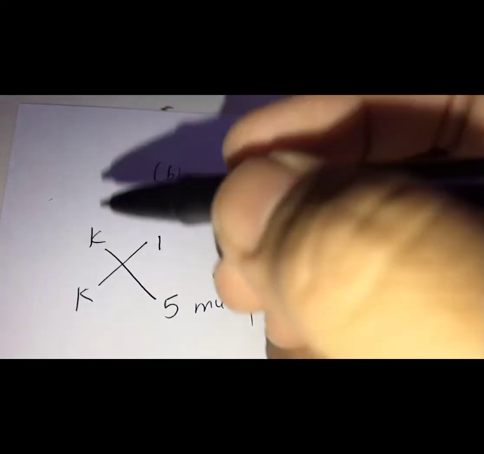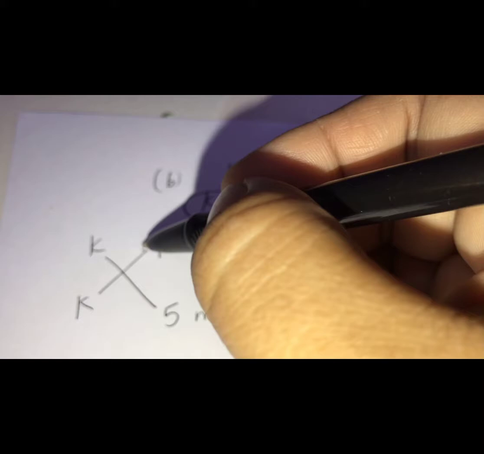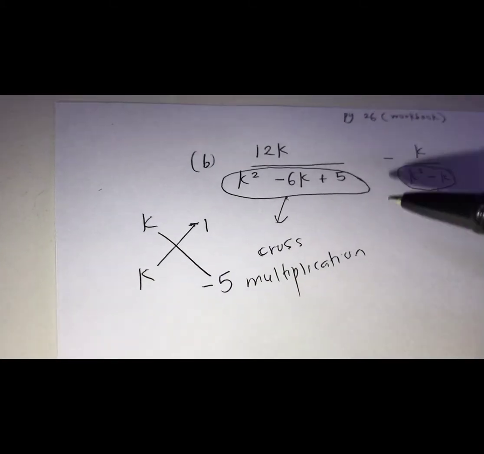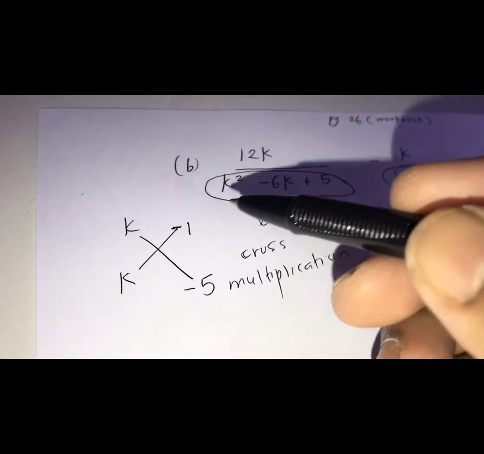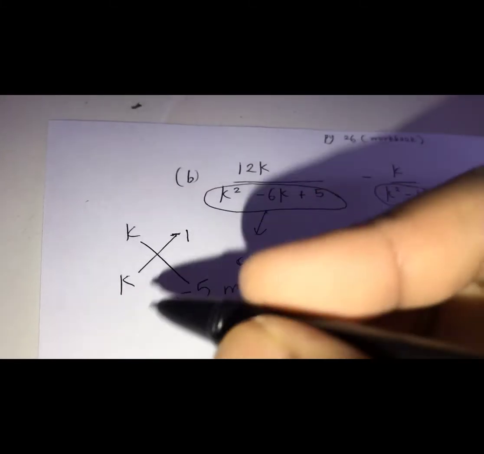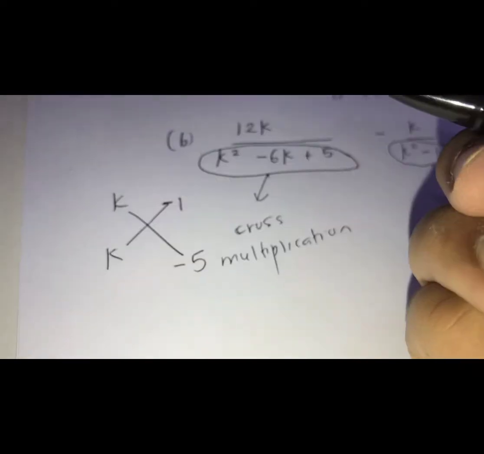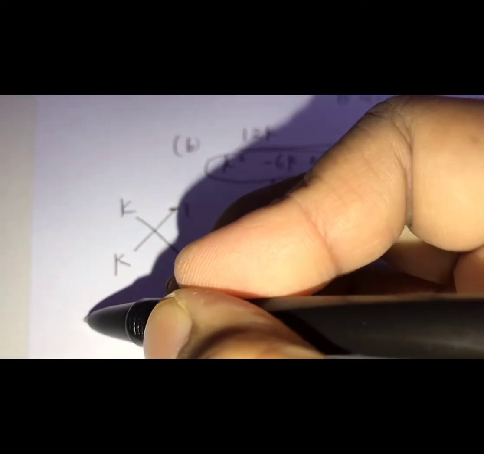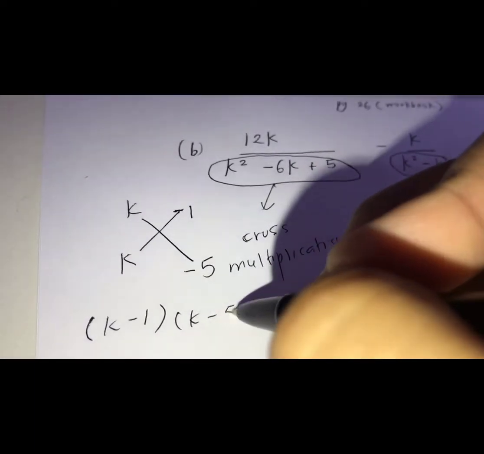But here negative 6, so both you must put negative. So k square minus 6k plus 5, the factorization for this equals k minus 1, k minus 5.